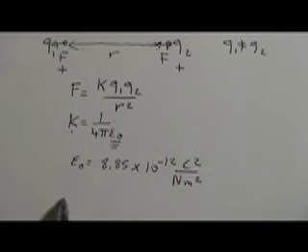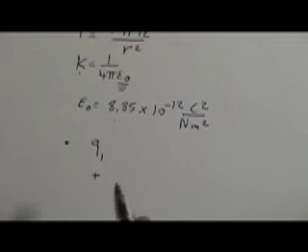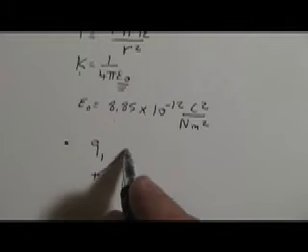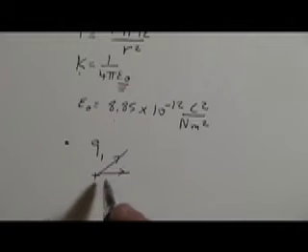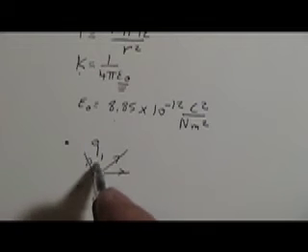If we take the positive charge Q1, okay, it's positive, the electric field will actually look like this, coming out of the charge symmetrically, radially like that.